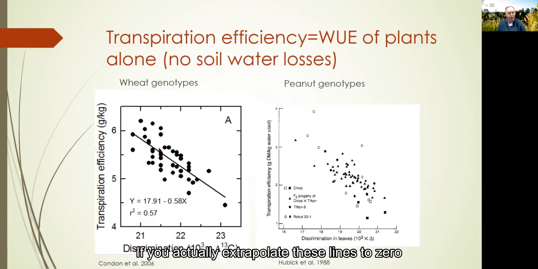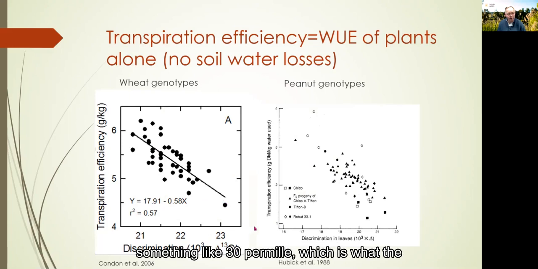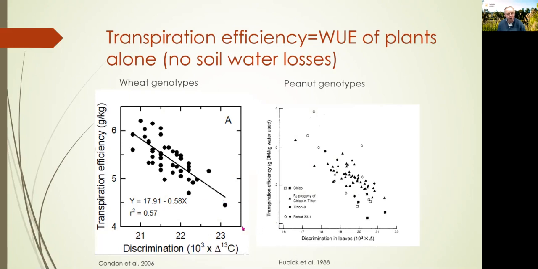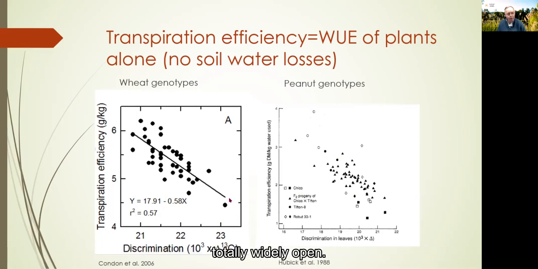If you actually extrapolate these lines to zero transpiration efficiency, it gives a value of discrimination of something like 30 per mil, which is what the equations would predict would happen. So that zero transpiration efficiency would correspond to the stomata being totally widely open.